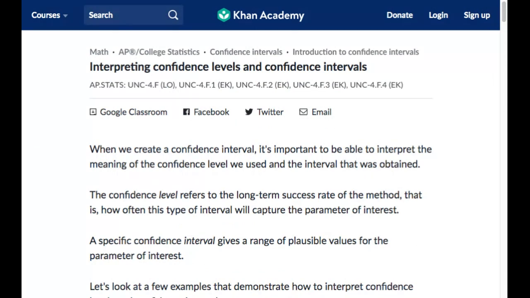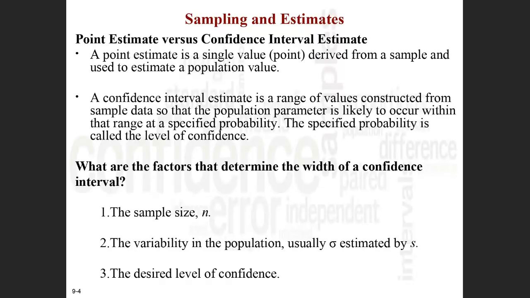And please, if you are confused, you'll have your textbook with you, you'll have whatever other source you have with you. Read the question carefully, okay?